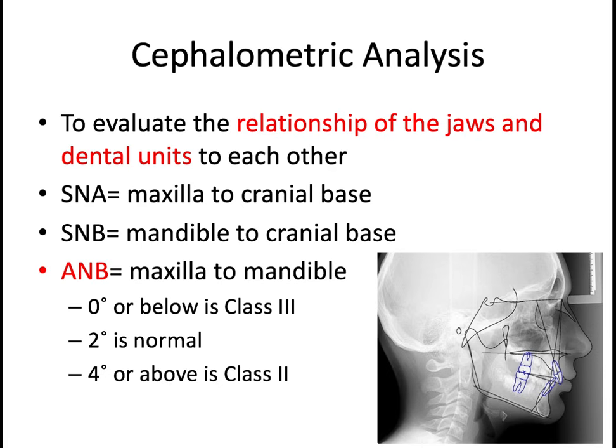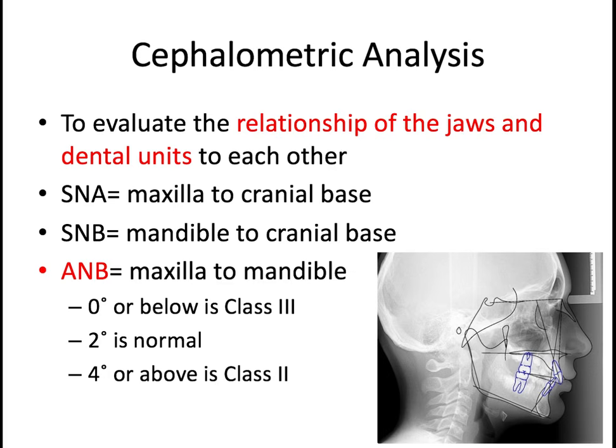These measurements allow you to evaluate the relationship of the jaws and the teeth to each other and the cranial base to which everything is attached. And you would compare your patient to numerical norms for their age, racial, and ethnic groups.